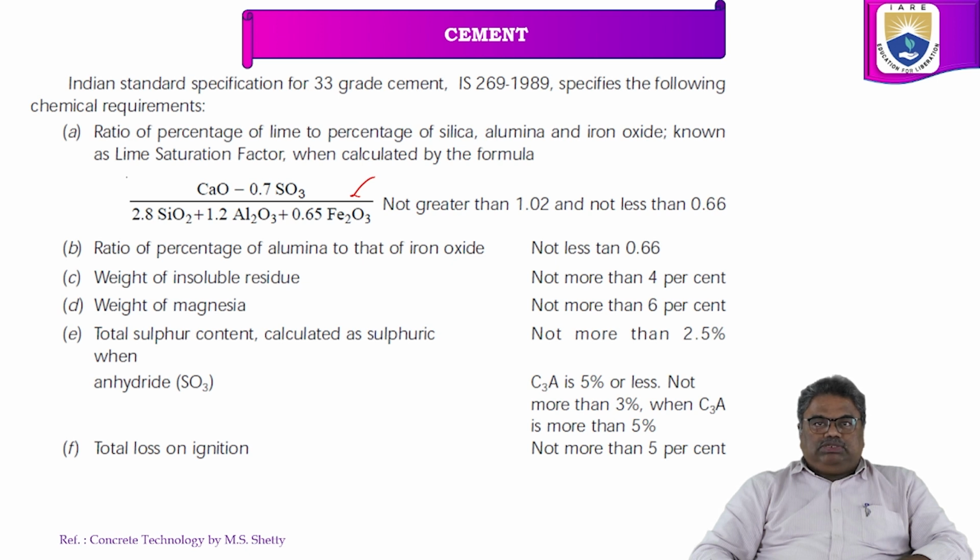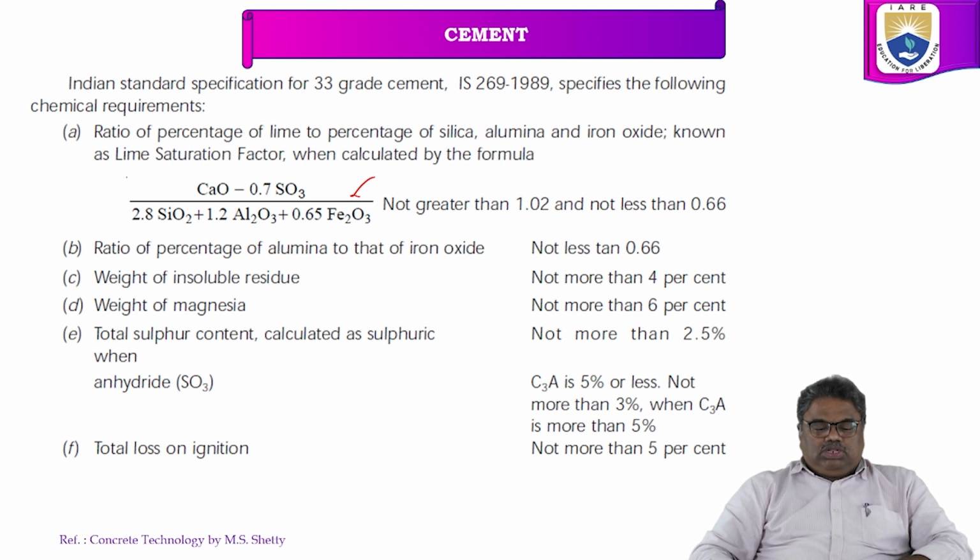The ratio of alumina to iron oxide should not be less than 0.66. The weight of insoluble residue should not be more than 4%, and the weight of magnesia should not be more than 6%.